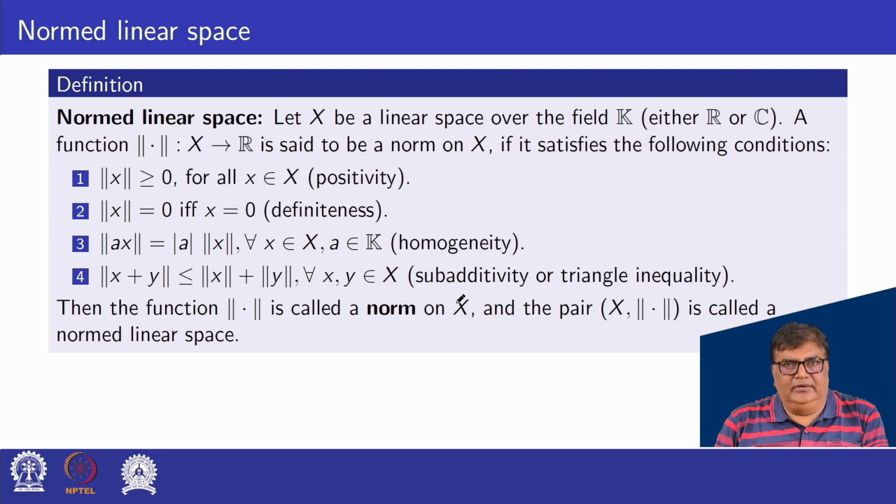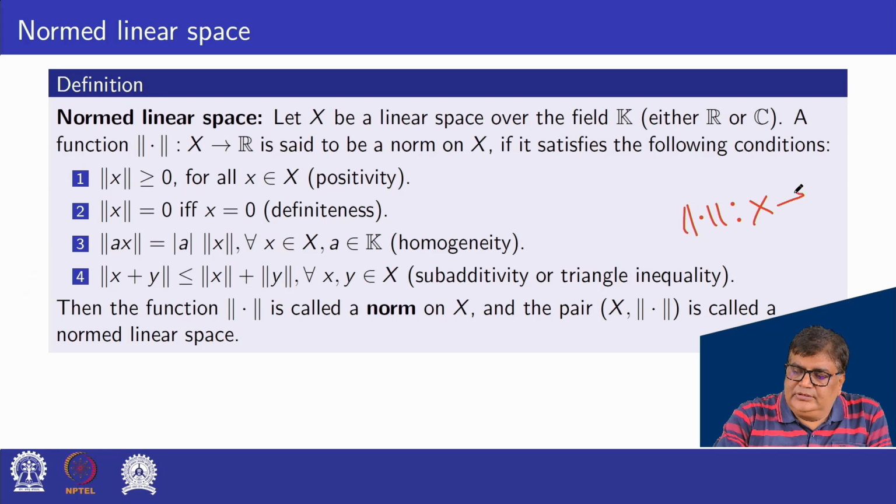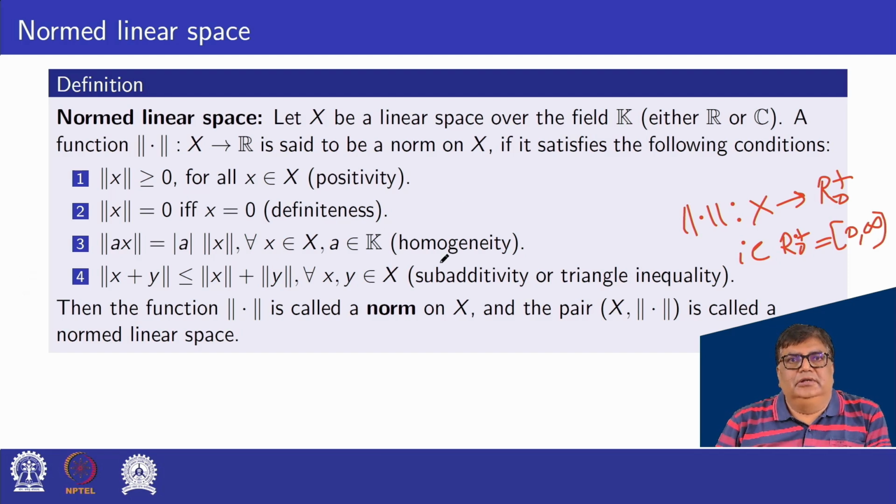belonging to X. Some authors write this mapping as ‖·‖ from X to R0 plus, that is, R0 plus equal to [0, infinity), meaning ‖x‖ is greater than or equal to 0 but not infinity.